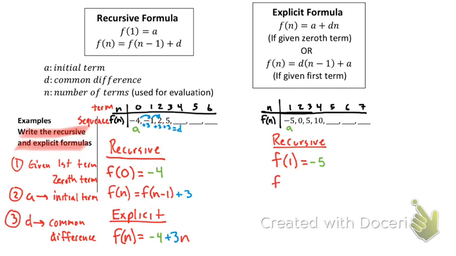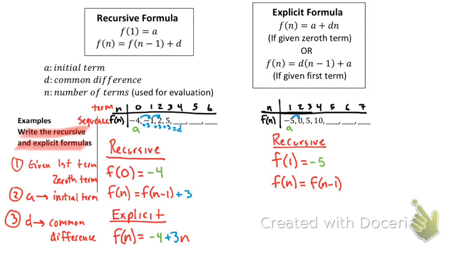We have, our formula says f of n equals f of n minus 1. And then I want to find my d value. What am I adding or subtracting to get to the next number? So let's figure that out.